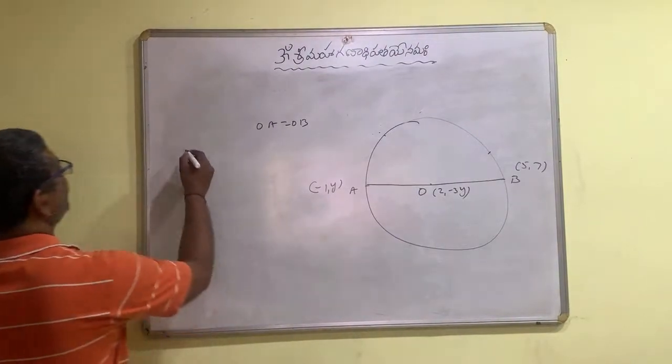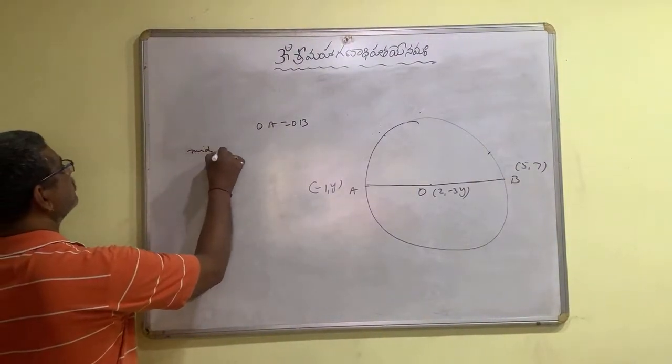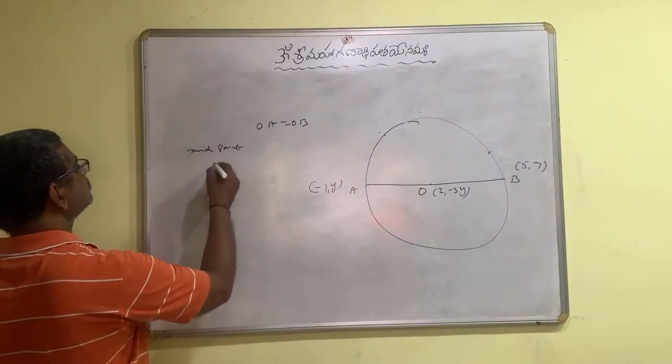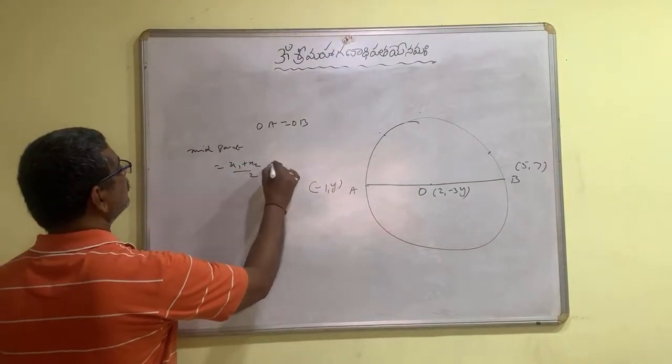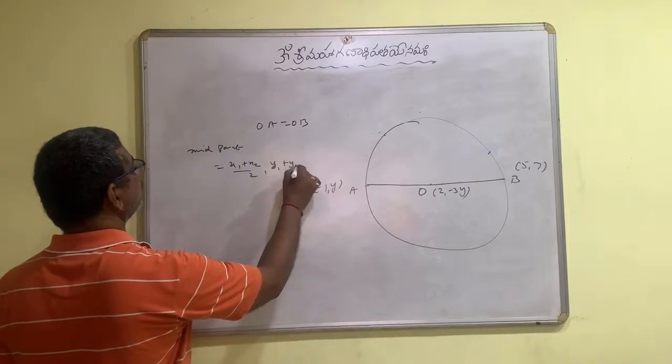So, what is the midpoint formula? (x1 plus x2) by 2, (y1 plus y2) by 2.